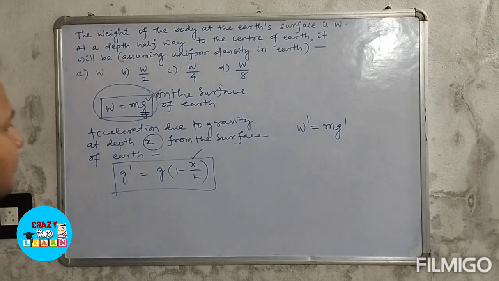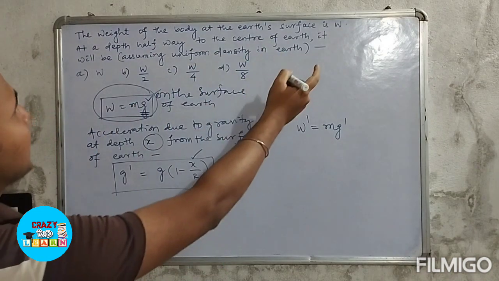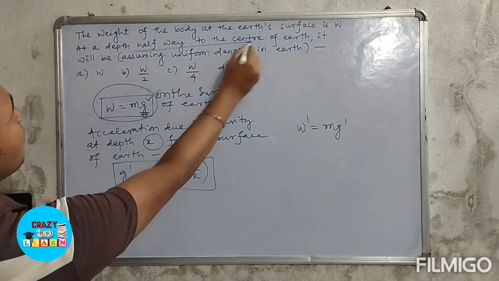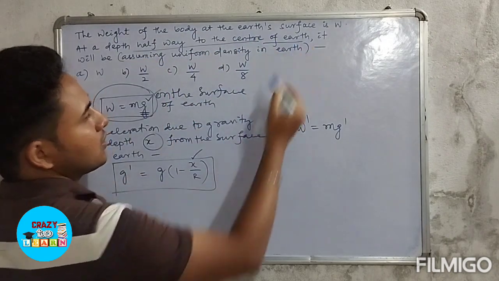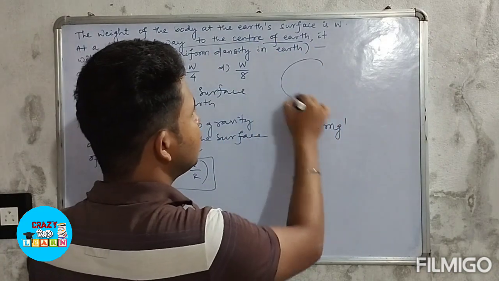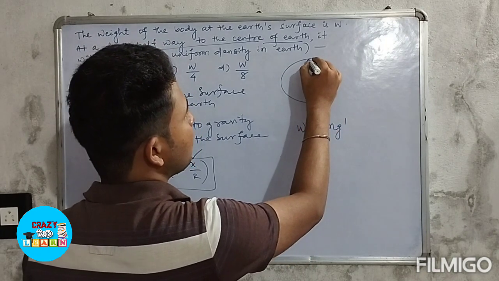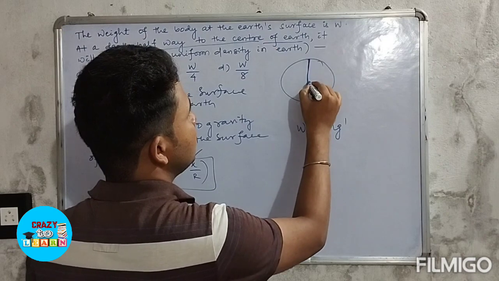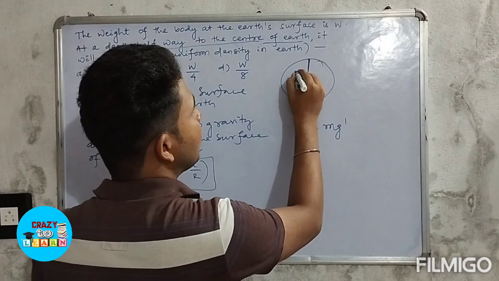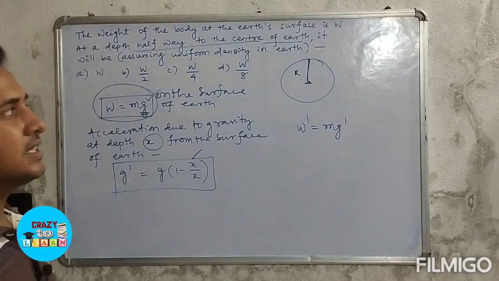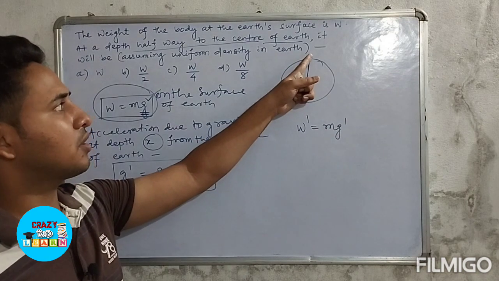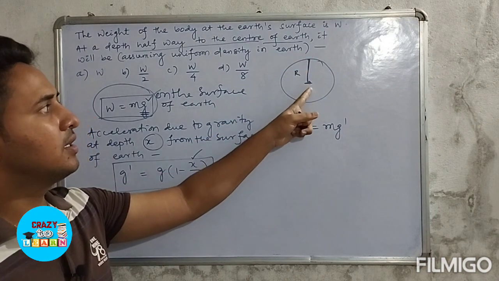For this question, it is asked at a depth halfway to the center of the earth. From the surface to the center, this distance is r. It is the distance from the surface of the earth to the center of the earth.